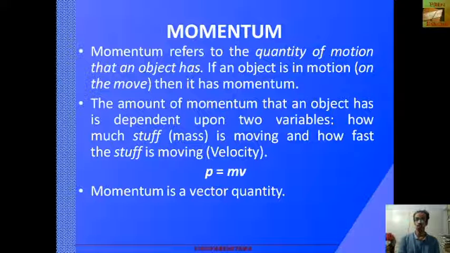The amount of momentum that an object has is dependent upon two variables, that is how much stuff, which is the mass of the body, and how fast it is moving, which is the velocity of the body. Hence, momentum is the product of mass and velocity of the object. It is also a vector quantity, and its direction is the same as that of the velocity vector.